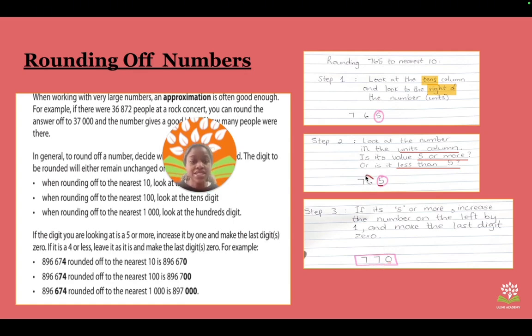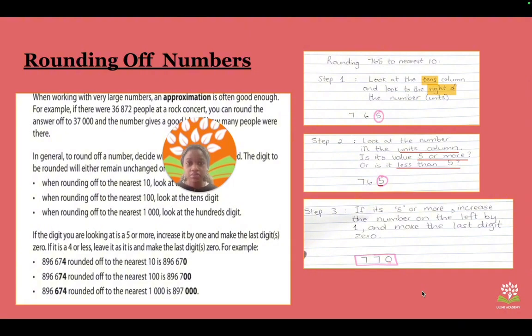So because this digit was 5 or more, the number in the tens column, to your left, increases by 1, and then everything else after the tens column changes to a 0. So we went from 765 to 770. That is the answer, rounded off to the nearest 10.